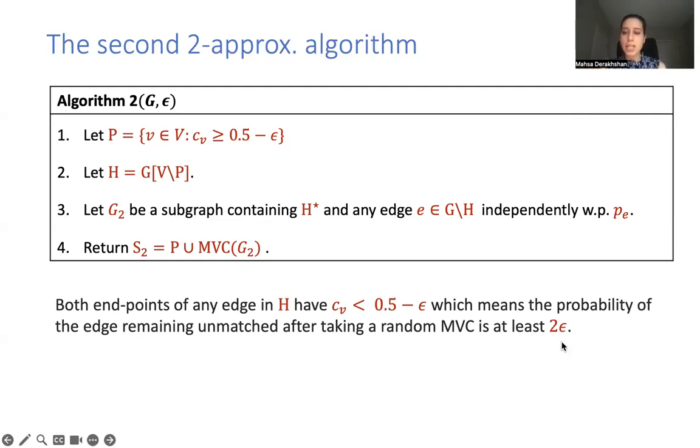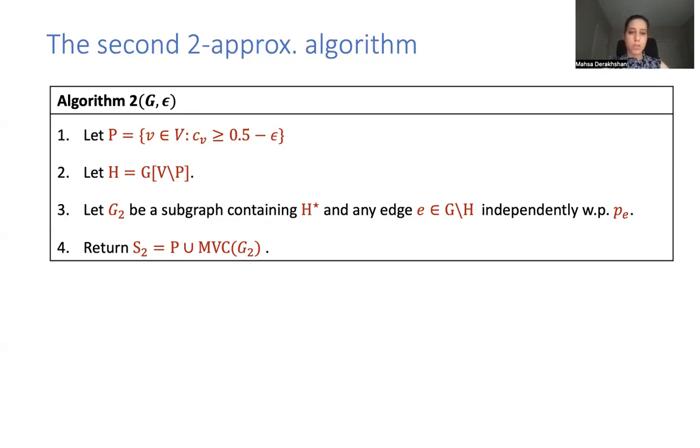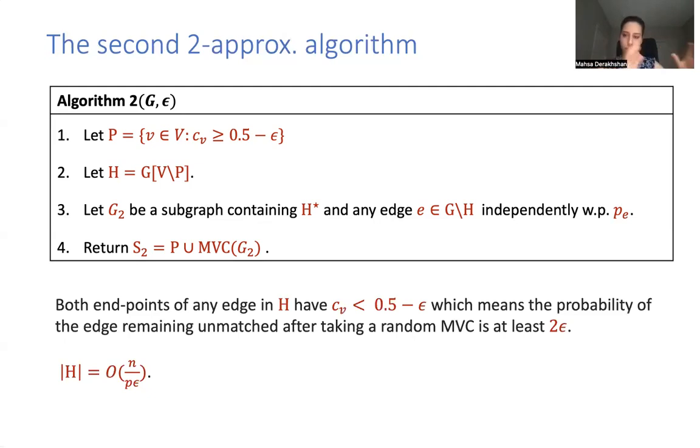So this edge has 2 epsilon probability of not being covered by a random minimum vertex cover. But I already proved that when you take a random minimum vertex cover, there are O(n/p) edges that will remain uncovered, right? Which means you can have at most O(n/(p epsilon)) such edges, okay? So we are done with showing that this subgraph of edges that we query is small enough.